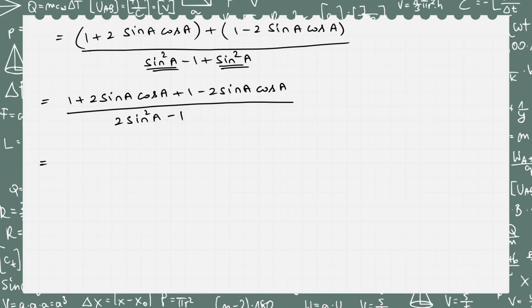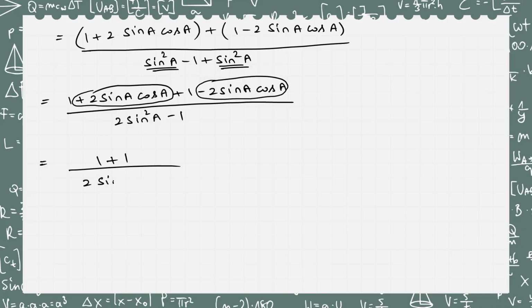And in the numerator, if you notice here, this is plus 2 sin A cos A and this is minus 2 sin A cos A. Both will cancel when we add them. So we get 1 plus 1 divided by 2 sin square A minus 1, which is equal to 2 divided by 2 sin square A minus 1, which is the RHS given to us. So we have proved the result.